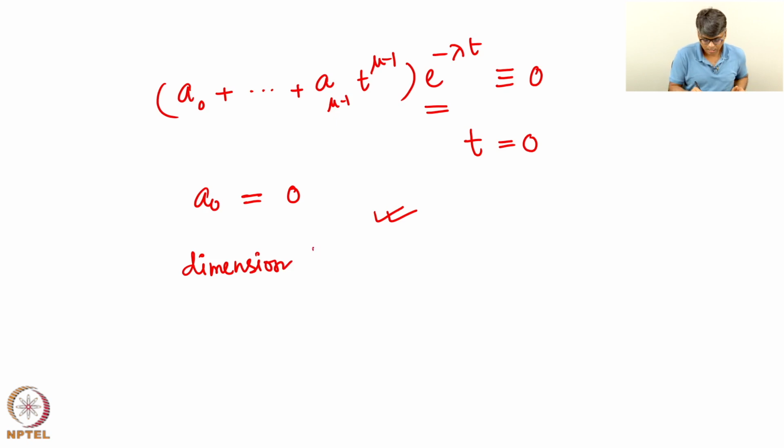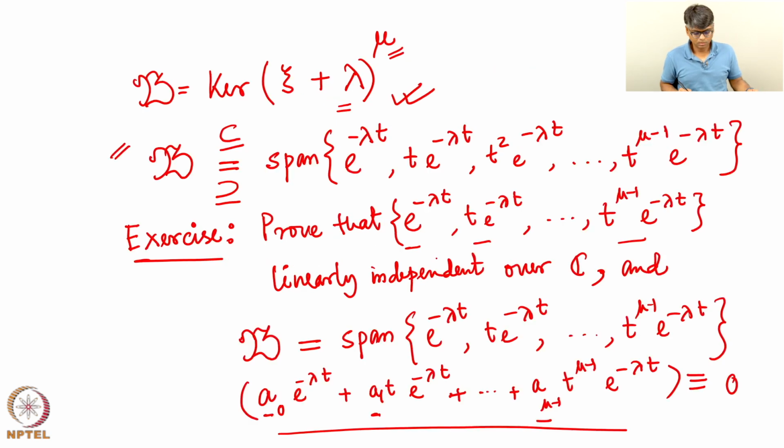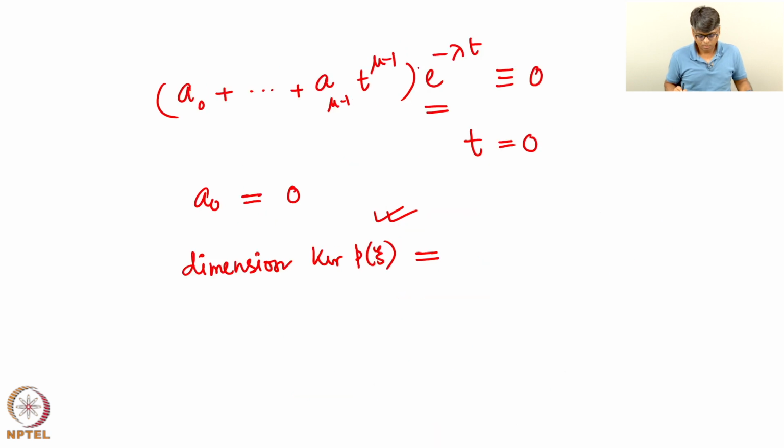So what is the dimension of the kernel of p(xi) in that case? What is the size of this basis? What is the number of vectors in the basis? t to the power 0 up to t to the power mu minus 1. How many? Mu, of course, where mu is the degree. So the dimension is in fact the degree of p(xi).